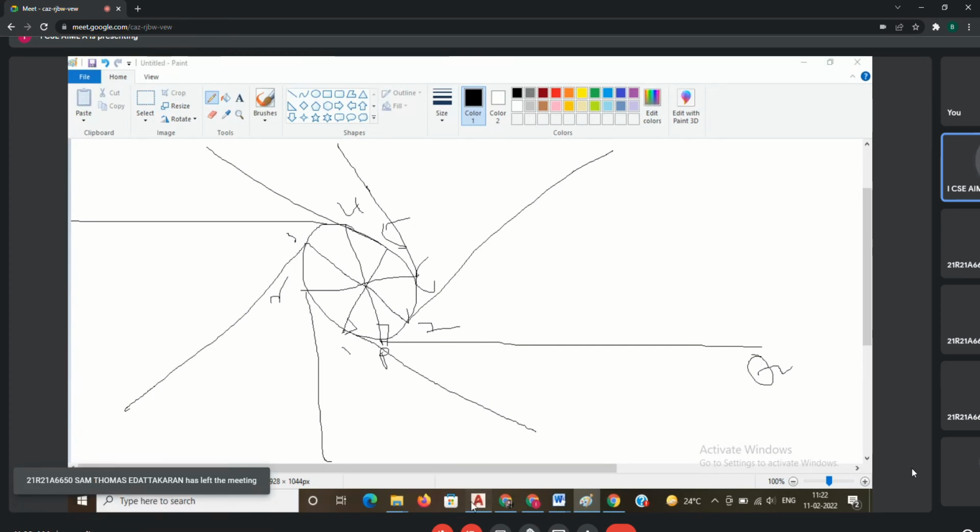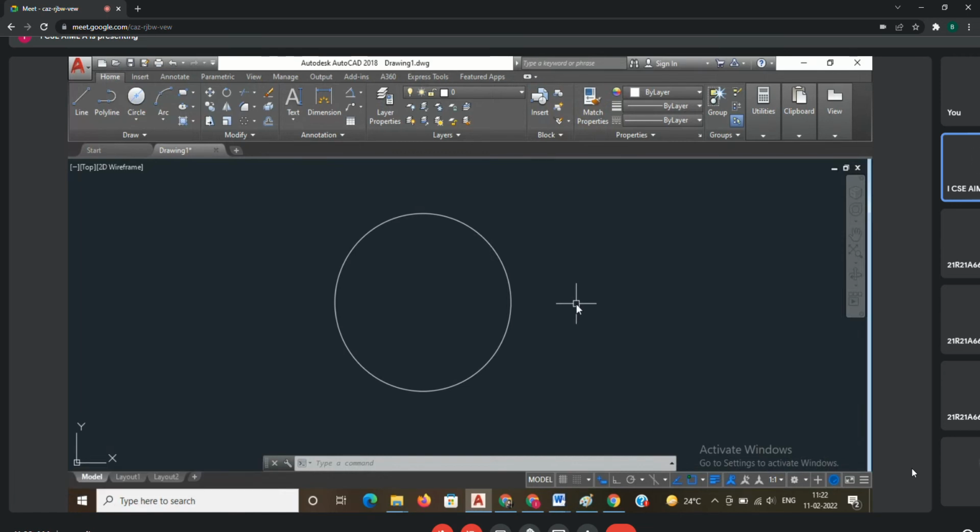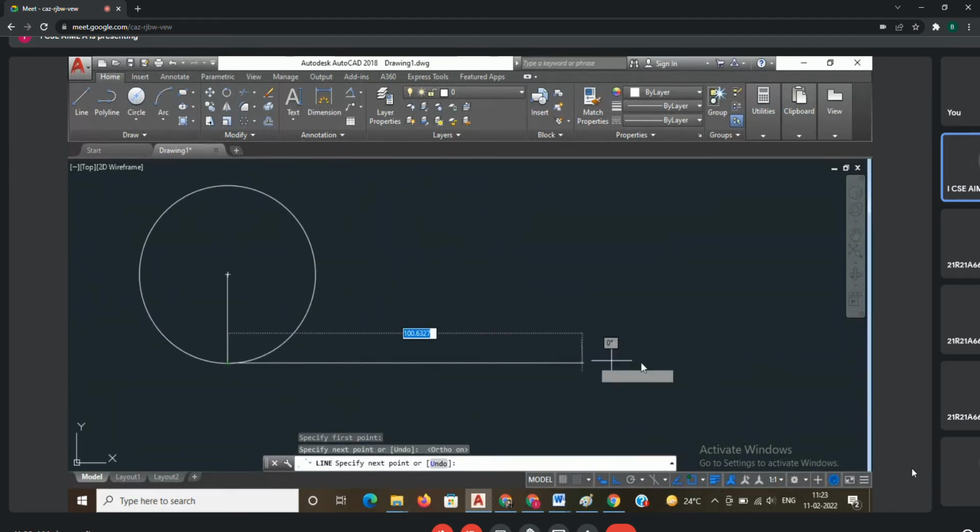But in AutoCAD, within one step, you can draw the perpendicular lines and divisions also. After drawing the circle, just draw a line from the midpoint to the base. Then again draw one horizontal line, which is pi into d, 157.